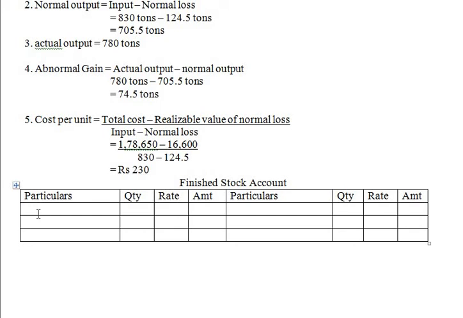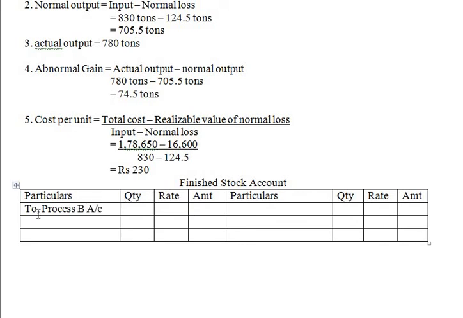In many problems, if there are three processes, A, B and C, each process output will be transferred to finished stock account. So that time all the process output has to be recorded in the finished stock account. But in this problem, they have told us to transfer process A output to process B and process B's output to finished stock account. So here we are going to show only process B account.